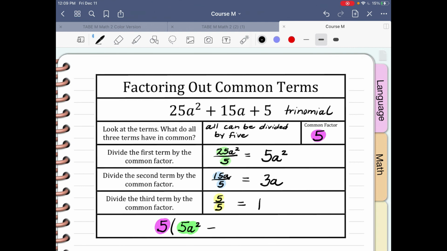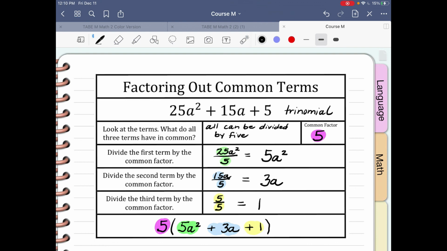And then you have 3a that I got from that blue division. Where would I be without highlighters? And then you have the plus 1 that you got from that constant division, that yellow step. And then you want to close your parentheses. So you have that common factor of 5, and then those simplified pieces inside your parentheses.